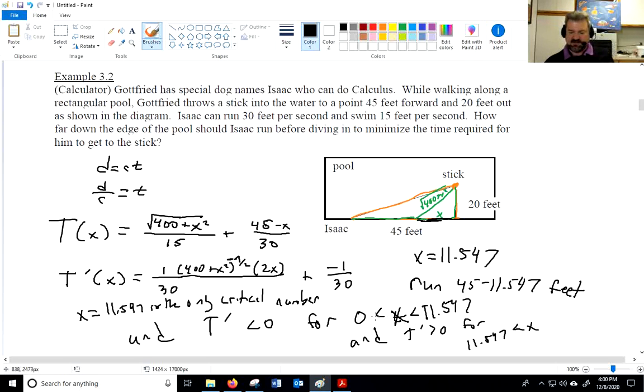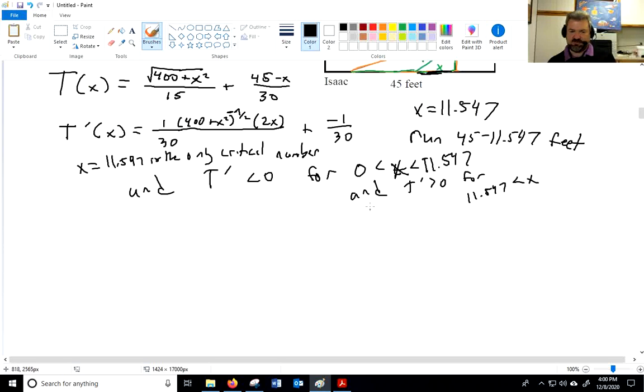So we can see that it goes from negative to positive, and so that must be locating a minimum. And then we went down all the way to it, and we went up all the way after it.